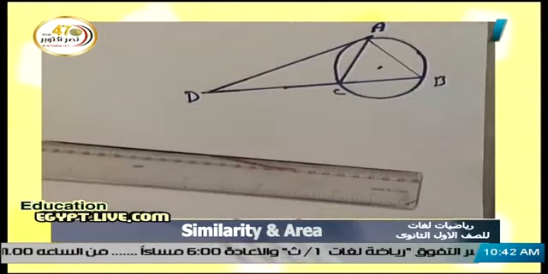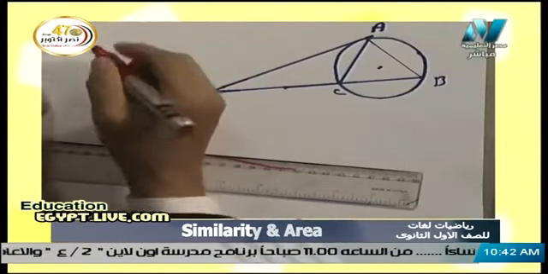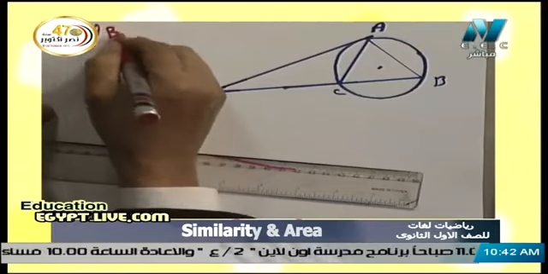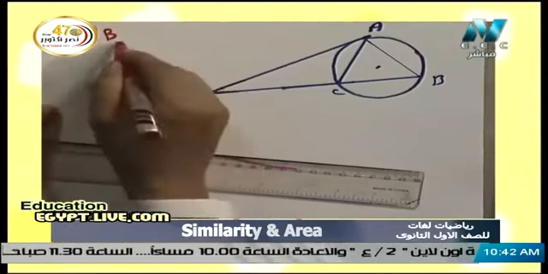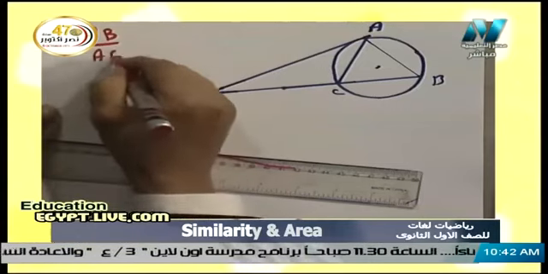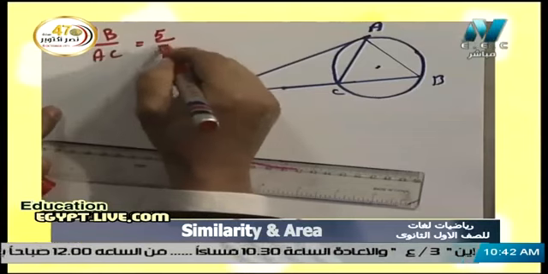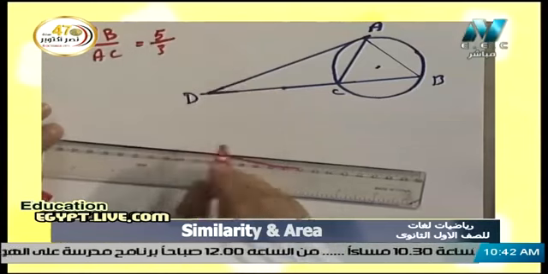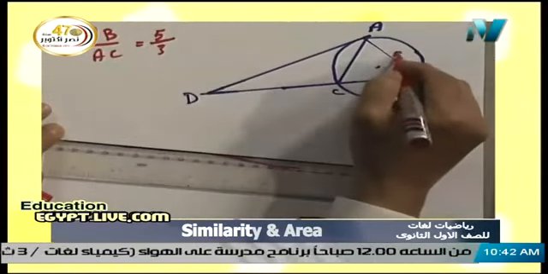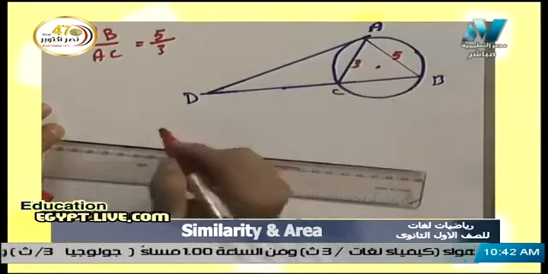And we have the ratio between AB and AC: AB over AC equals 5 over 3. So AB, its ratio equals 5, and AC, its ratio equals 3.